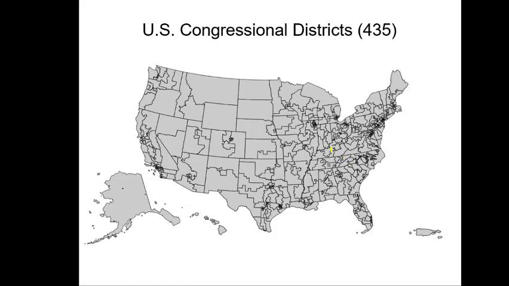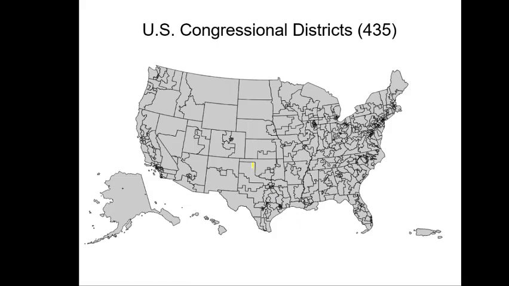Here is the congressional districts map for the United States. There's 435 congressional districts in the United States, and they're all broken up along state lines, as we'll talk about a little bit more as far as voting. And so the House of Representatives is made up of 435 members, one representative from each district.